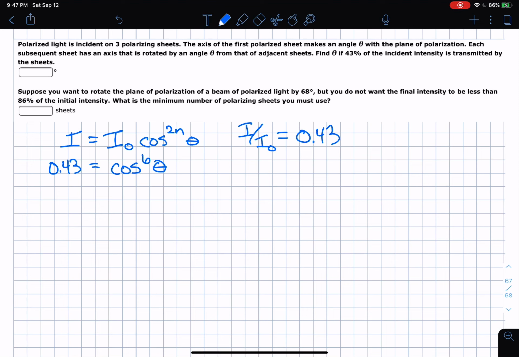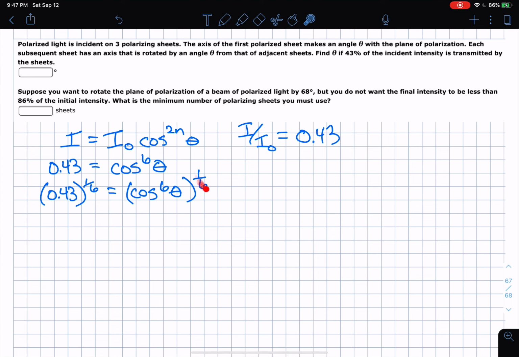And if you've forgotten what that looks like, it's 0.43 to the 1/6. You have to do that on both sides. So I'm taking the cosine to the 6th power of theta, but then I'm raising it to the 1/6 power. So basically the golden rule of math, whatever you do on one side of the equal sign, you have to do on the other. So I raise this to the 1/6 and I'm raising this to the 1/6.